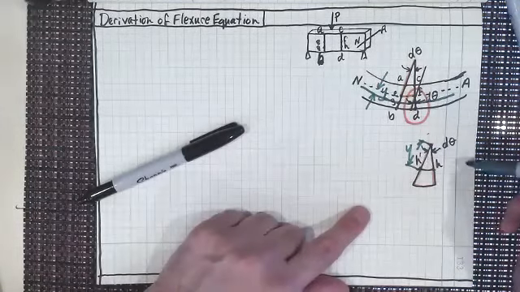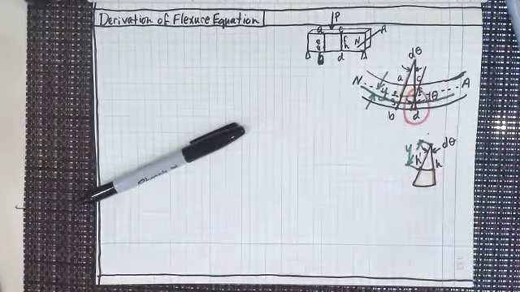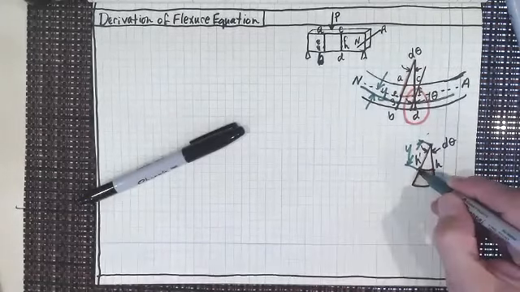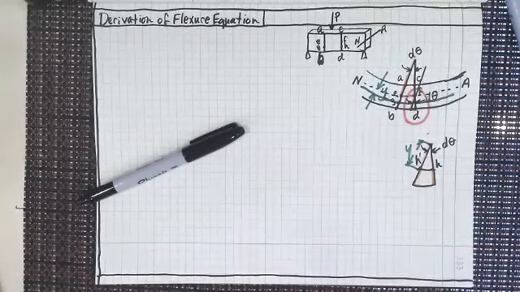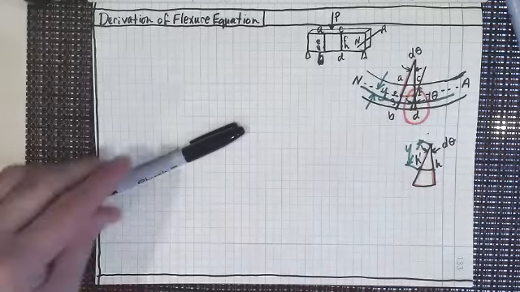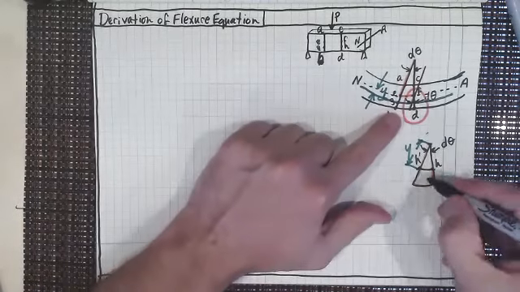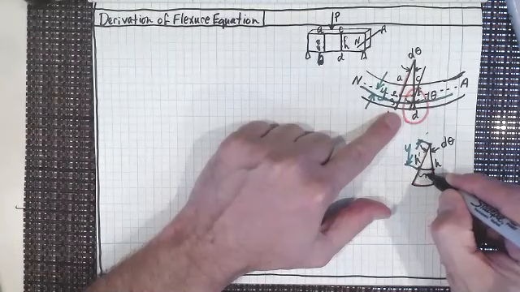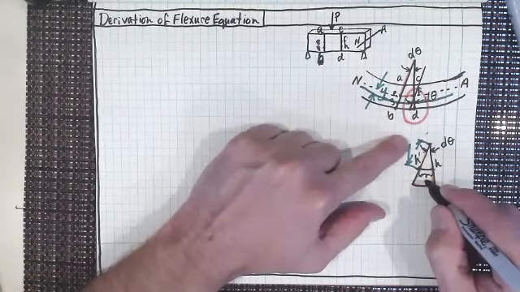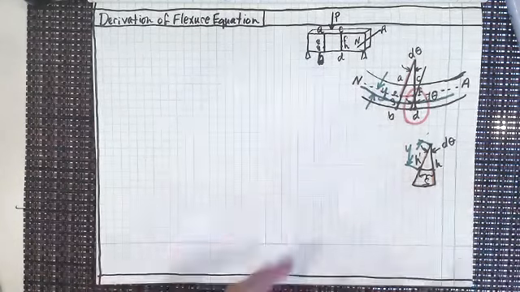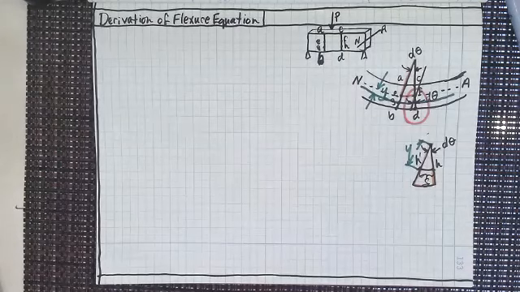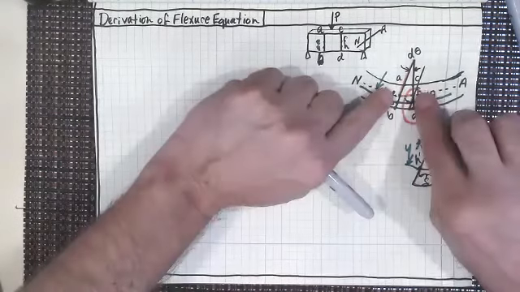And this distance right here would be the distance from H prime to H, the extension. And what would the original length be?